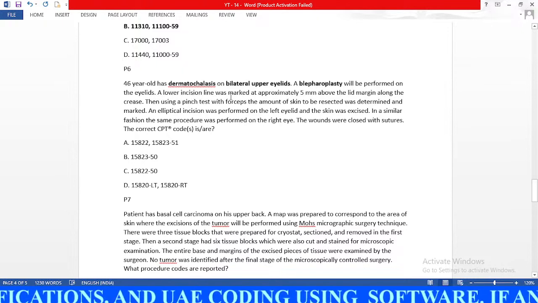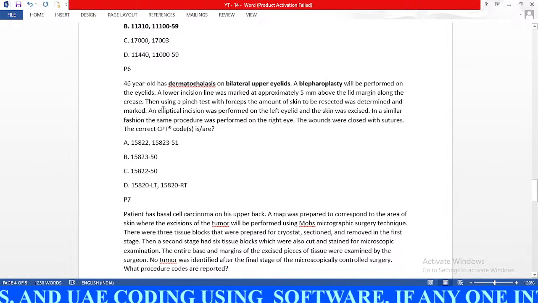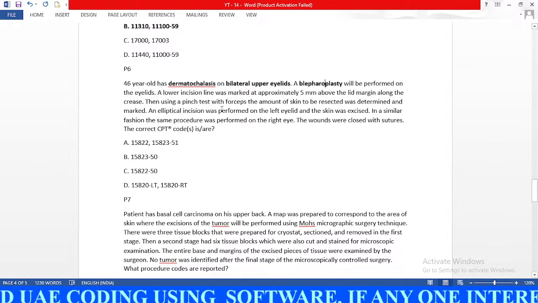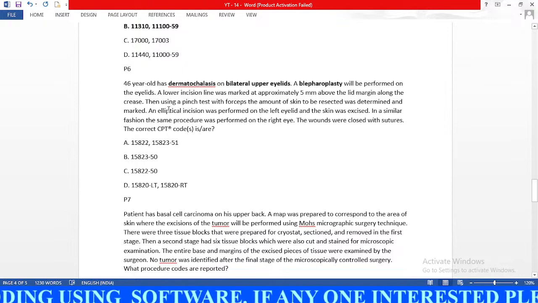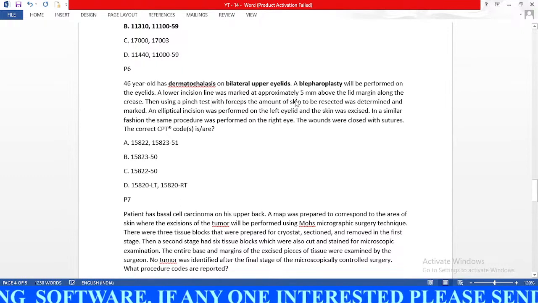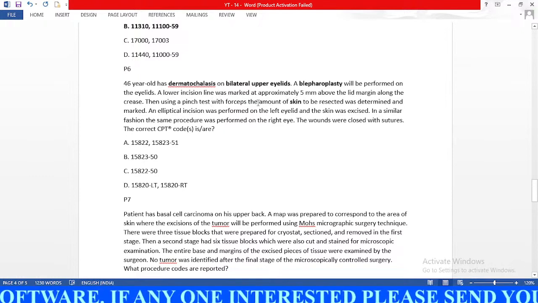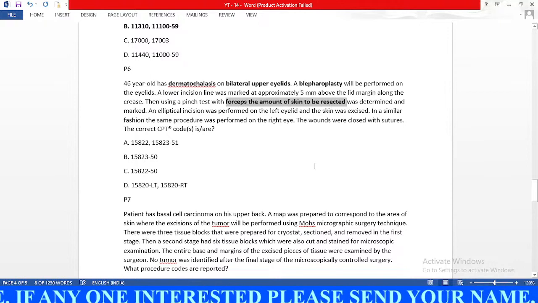A lower incision line was marked at approximately 5 mm above the lid margin along the crease. Then using a pinch test with forceps, the amount of skin to be resected was determined and marked. Basically, the physician will remove the excess skin on the eyelid. See here, the amount of skin to be resected was marked and he removed it.